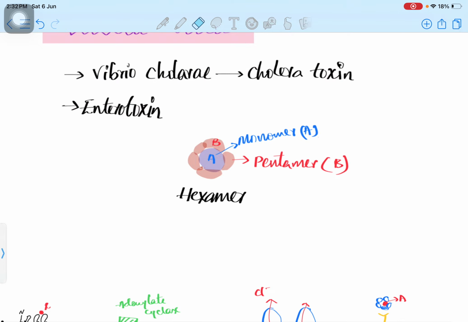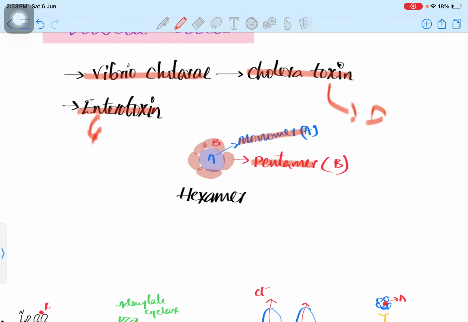Okay, let's try to understand. The cholera toxin is responsible for diarrhea in human beings. It comes from Vibrio cholerae. It causes an enterotoxin effect in human beings, meaning an intestinal problem.